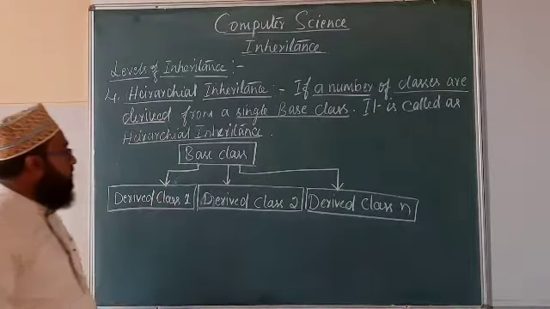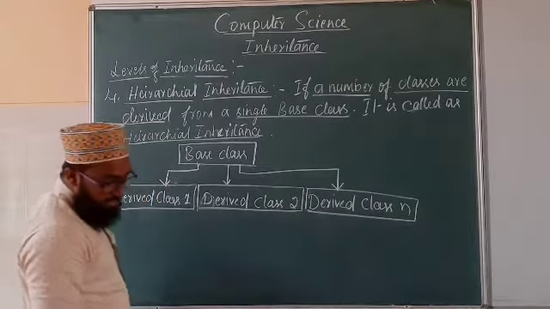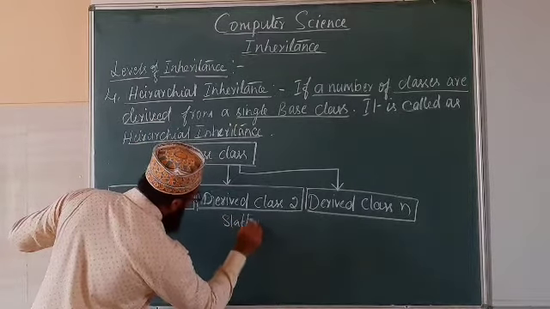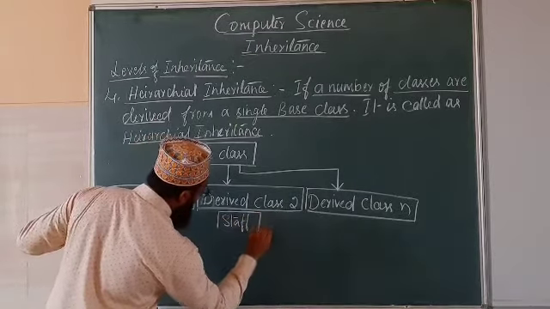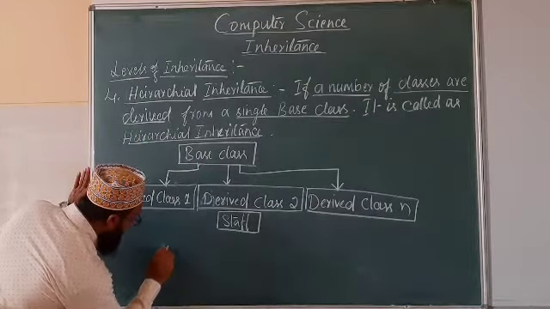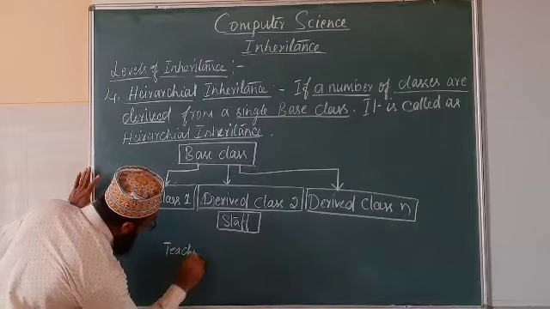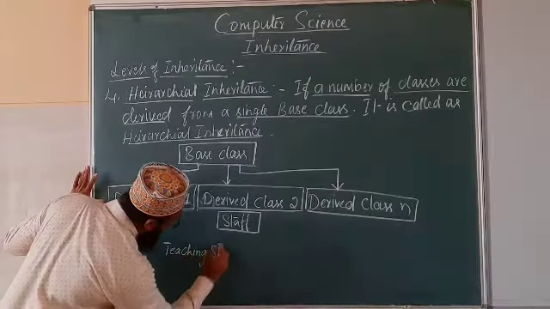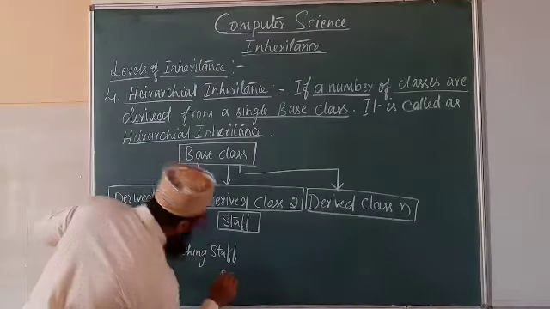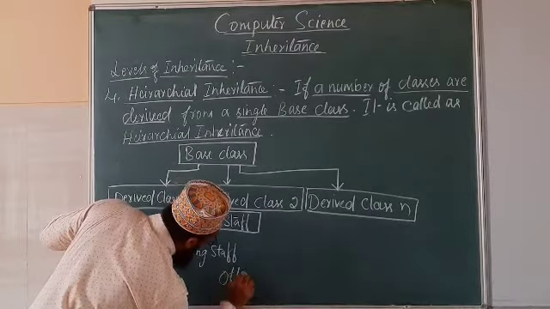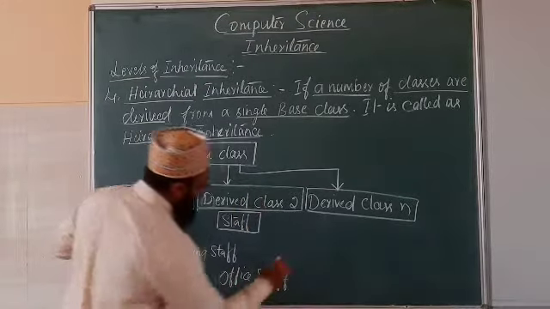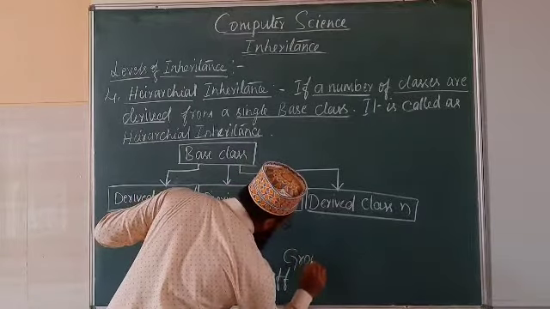Now I will give you one example. Take staff as the example. This is a base class. Then teaching staff is 1. Office staff is 1. Then group D staff is 1.